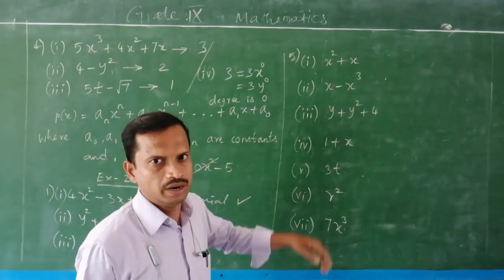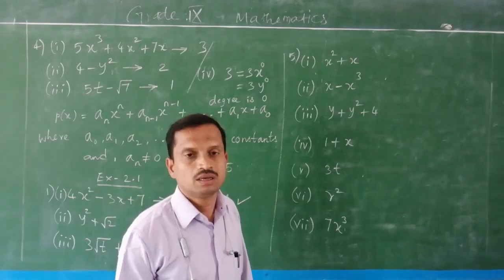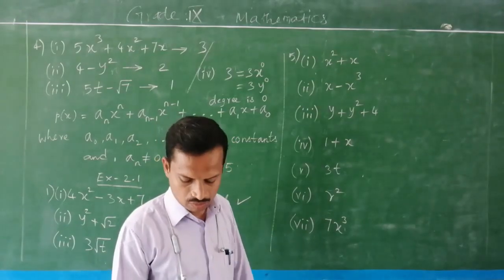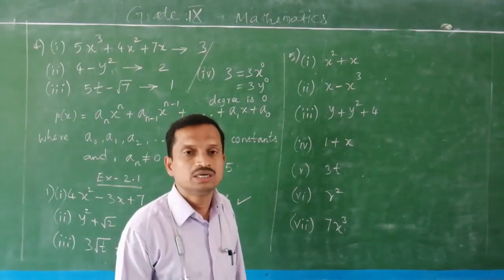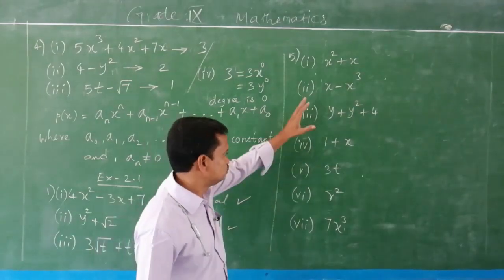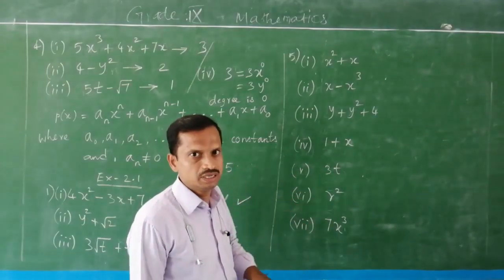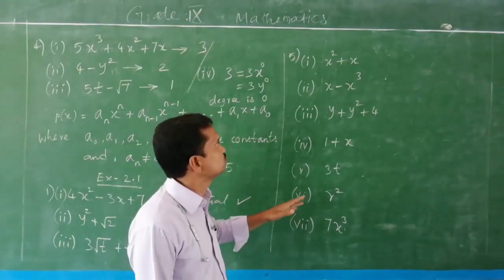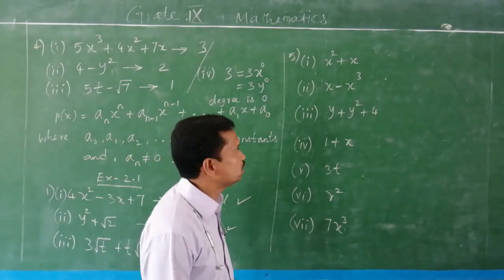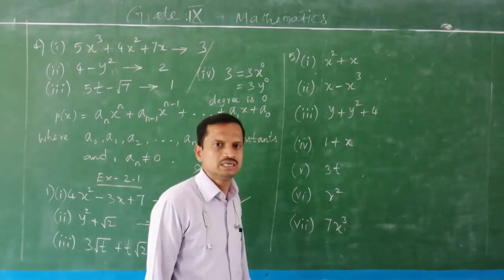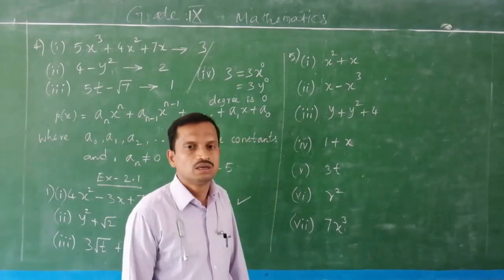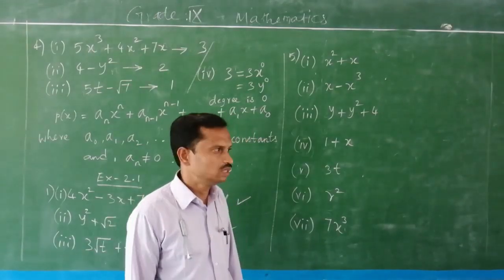Now coming to question number 5, classify the following. 7 options are there. We have to classify these as linear, quadratic or cubic polynomials, based on the degree, which means the highest power.